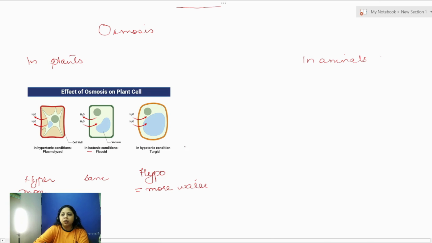So when we place an animal cell in a hypertonic solution, there is less water outside. Water moves from high water potential to lower water potential. There is more water inside and less water outside, so water moves out.